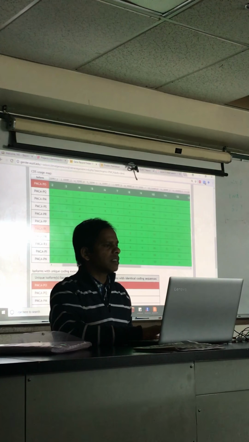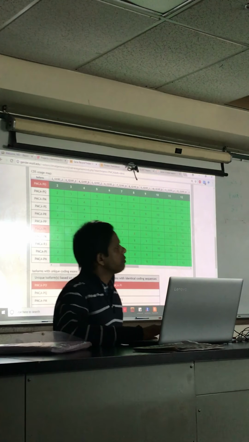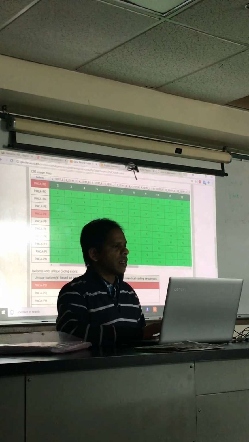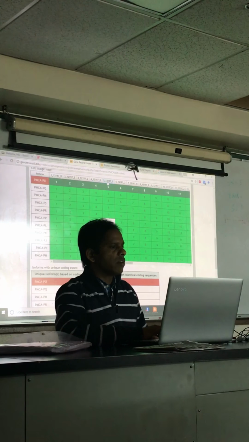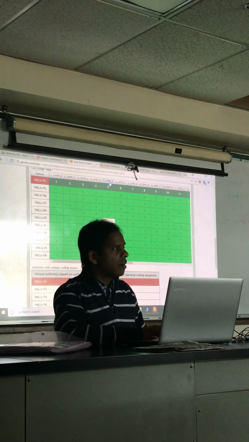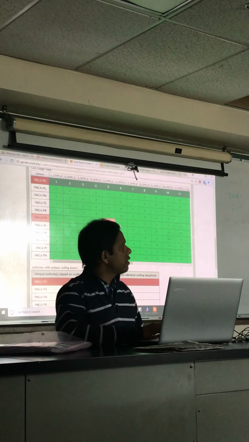So you have to analyze this whole table and see what you observe from it. For example, you can say PP is missing exon 5, so look at that number 5 in Gene Record Finder. What are the differences and similarities?